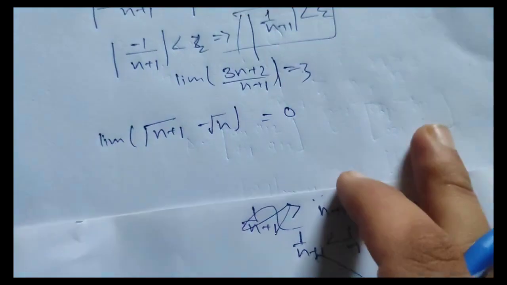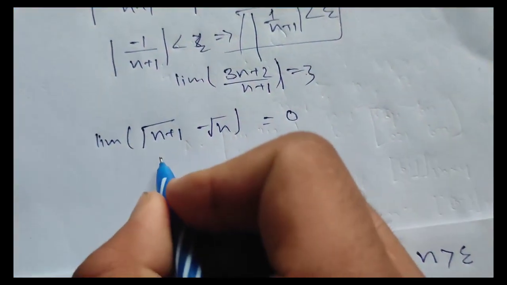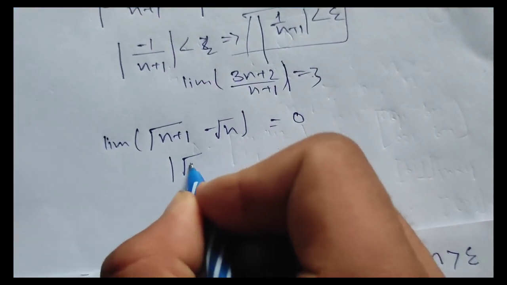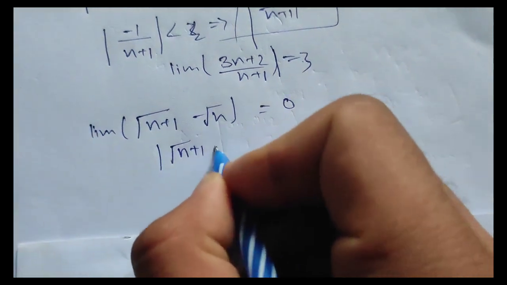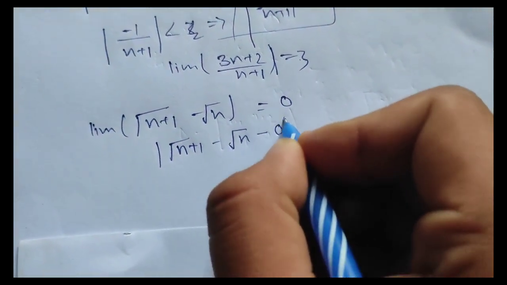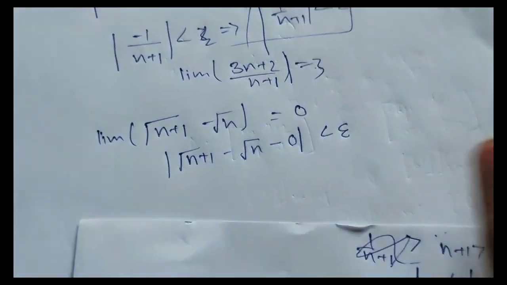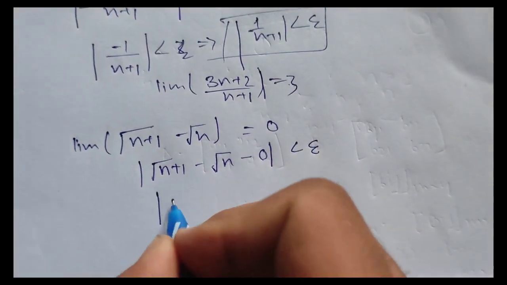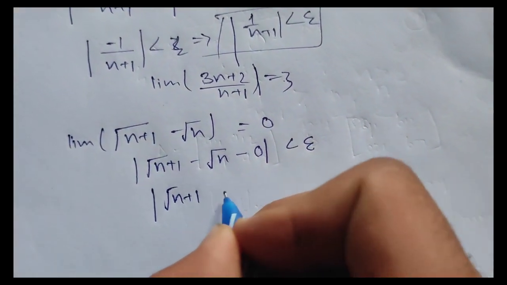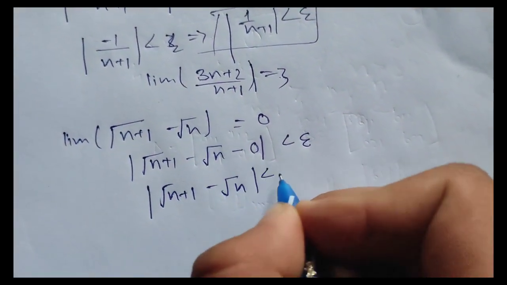We use the same definitions, the modulus: the final limit minus the initial limit, which was less than the small number. So let's see whether it is true or not.